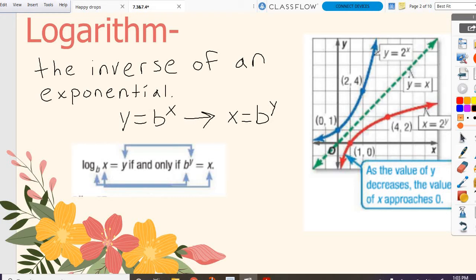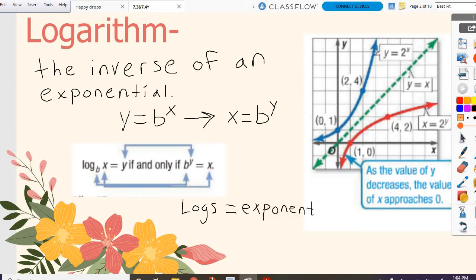So our second step here says log base b of x equals y if and only if b to the y power equals x. This gives us a way to solve for our y and get it out of that exponent. And something that you're going to hear me repeat quite often is that logarithms equal exponents.